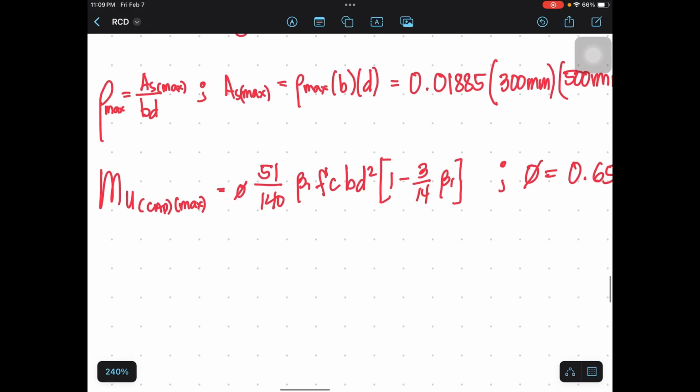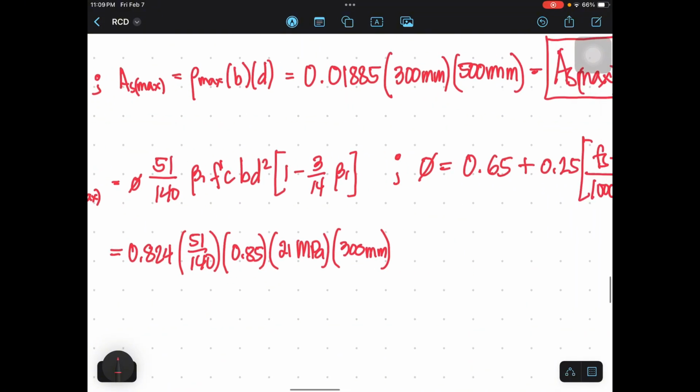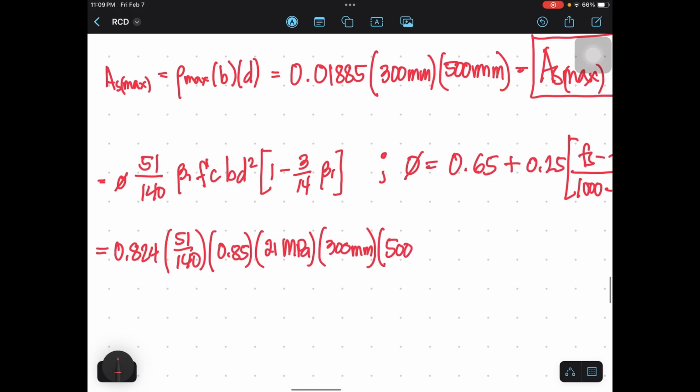Having the reduction factor of 0.824, quantity 51 over 140, beta factor of 0.85, f'c of 21 megapascal, base of 300 millimeter, and effective depth of 500 millimeter squared, quantity 1 minus 3 over 14 of the beta factor of 0.85.